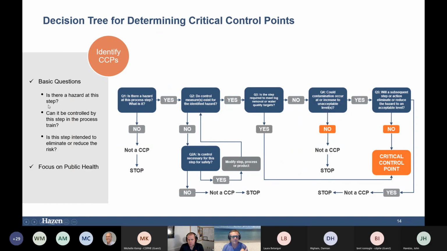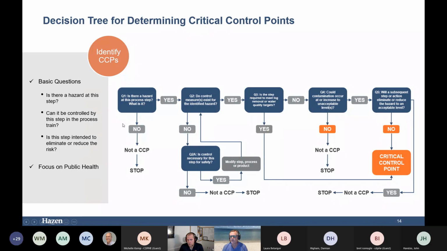The questions we ask at each process are, is there a hazard at this step? What are they? Can that hazard be controlled at this step? And is this step intended to eliminate or reduce the risk? If we answer those questions in the affirmative, then yes, this is likely a critical control point.